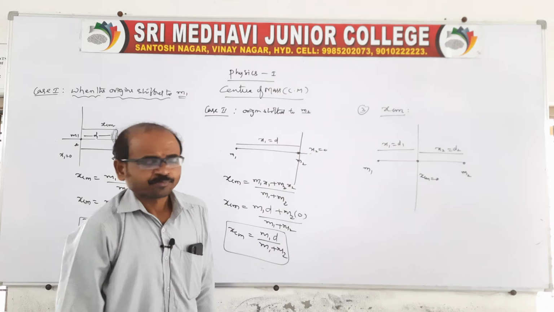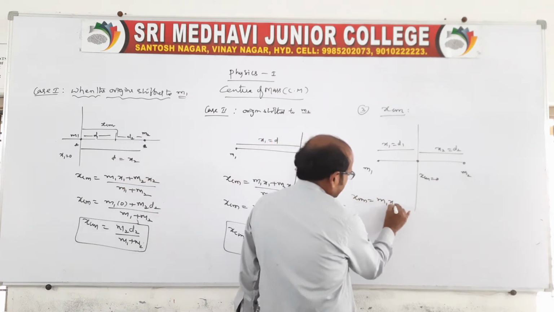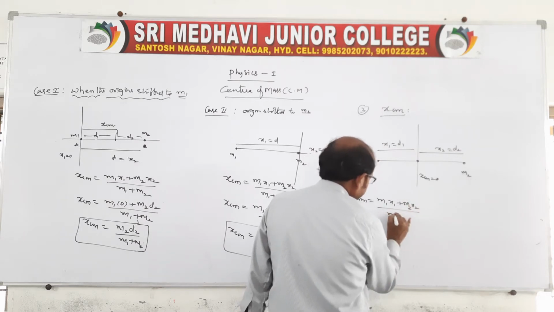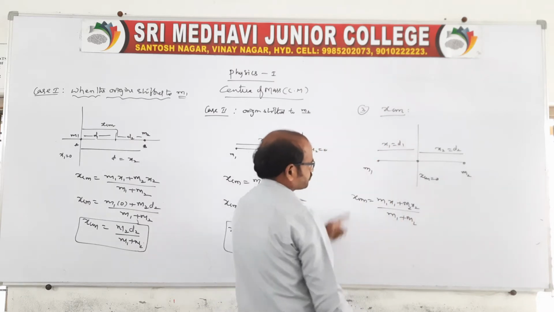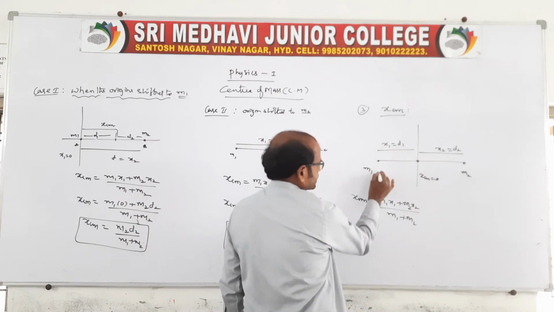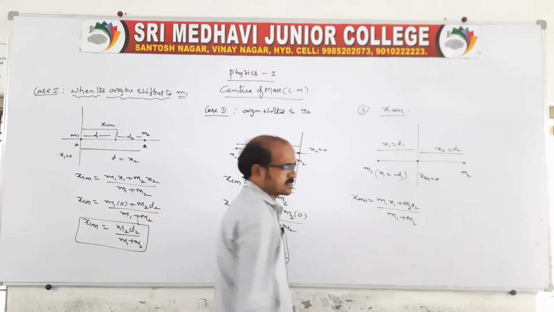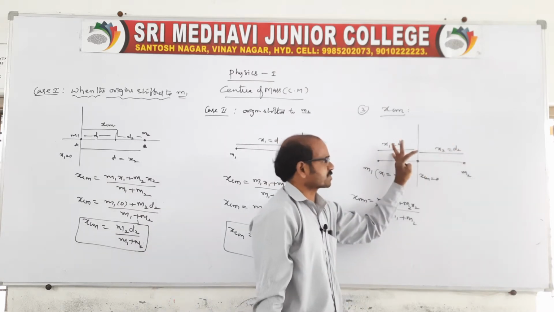Again you write xcm: it is m1 x1 plus m2 x2 by m1 plus m2. Here x1 is in the negative x axis, so we take x1 equal to minus d1, because the negative x axis is represented. There is an origin, this is positive and this is negative.